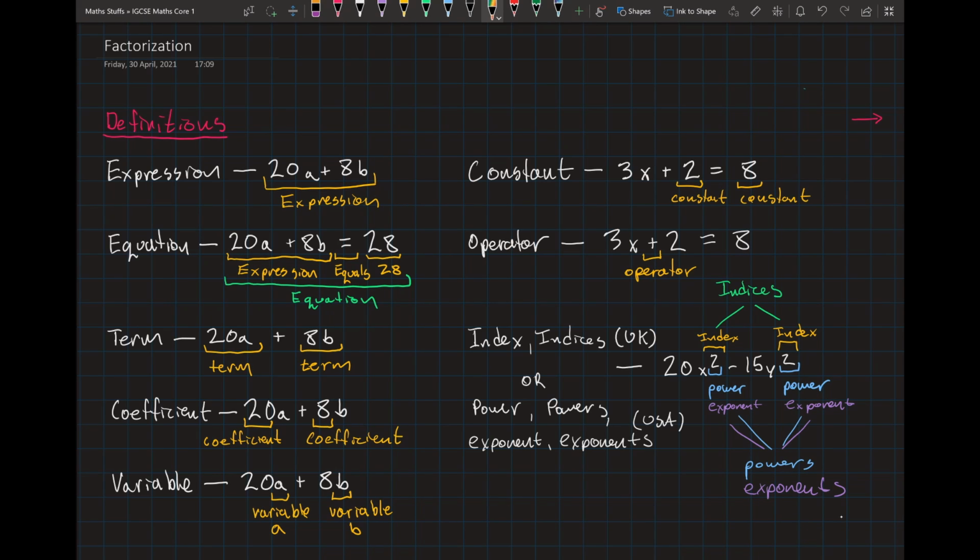So the first constant is the number 2, and the second constant is the number 8. So 2 and 8 are our constants. The reason we call these constants is because they don't change. The name kind of tells you what it is. Constant means it stays the same. In the case of variables, a and b can change. They can be different numbers or values.